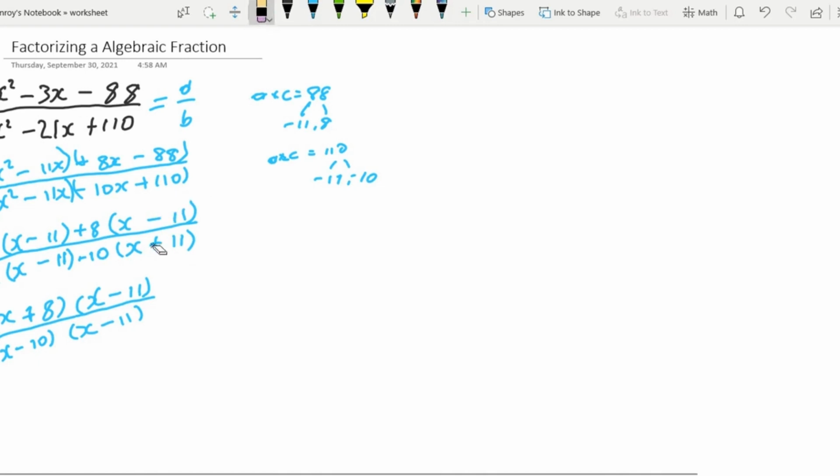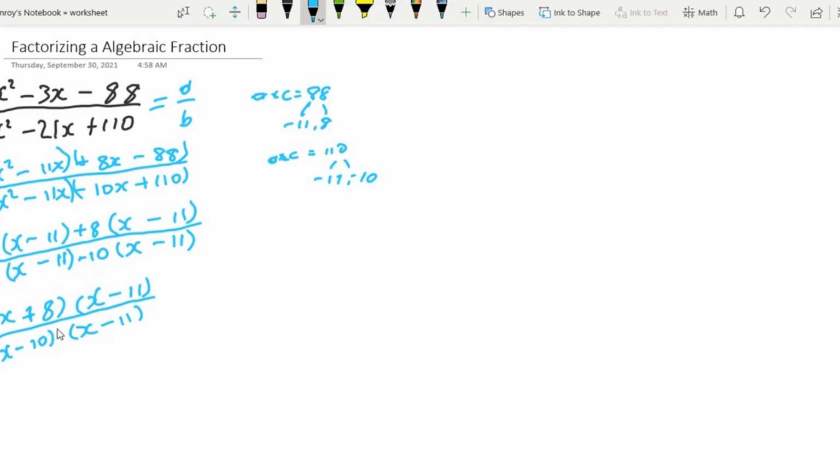We know we can put a negative, seeing that this is our positive. So we have a negative 10, and when we multiply it by the 10x, we get a negative 10x. Now to get the positive 110, we know we'll have to put a negative sign right here, so the negative 10 times the negative 11 will give us a positive 110.